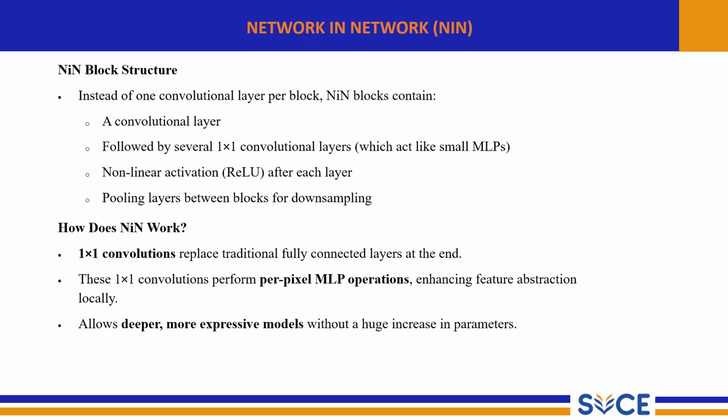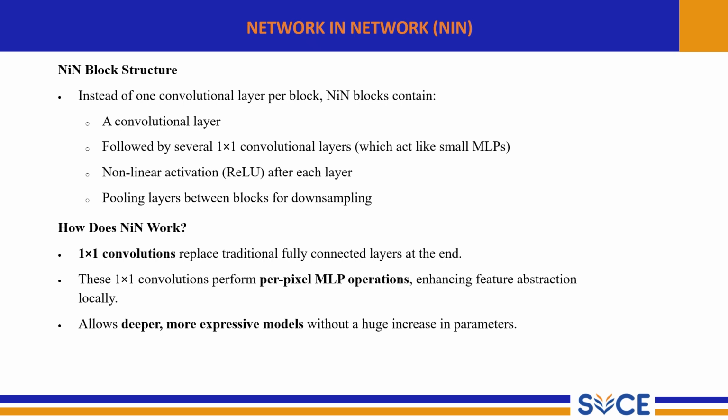NIN block structure and how it works. Unlike a traditional CNN block, which typically contains a single convolution layer, a NIN block is more sophisticated. Each block starts with a standard convolution layer to extract basic spatial features.